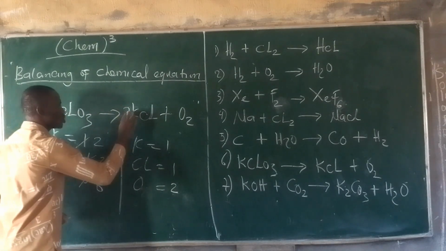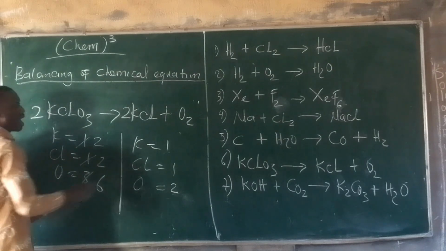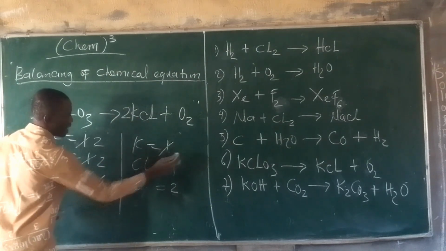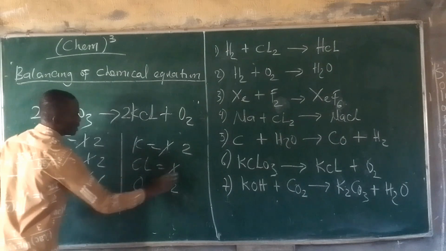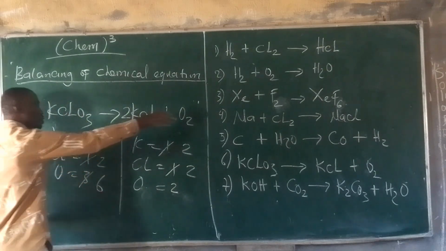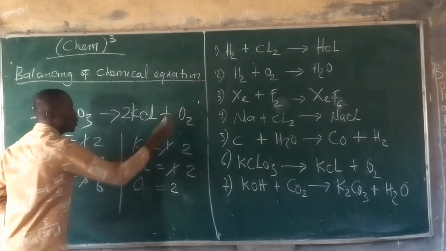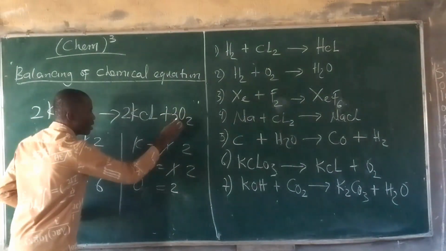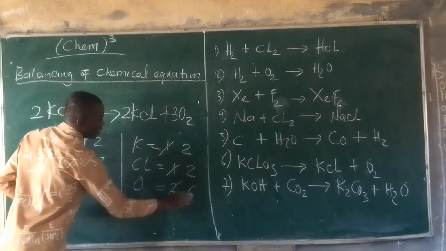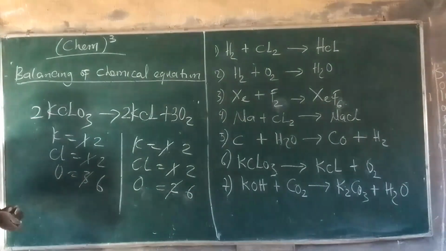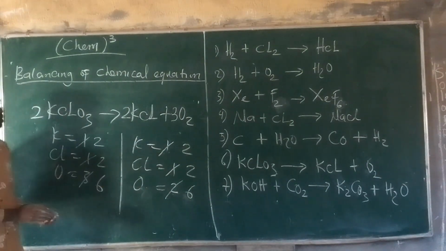If I add 2 to this potassium, I have 2 times 1, is that not 2? 2 times 1, is that not 2? What will I do to have 6 molecules of oxygen? If I put 3 here, 3 times 2, that is 6. You can see that the equation is balanced.